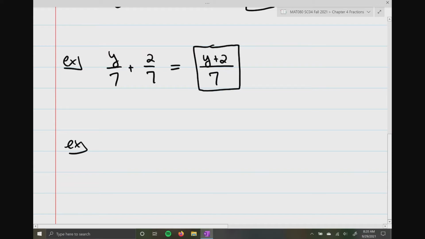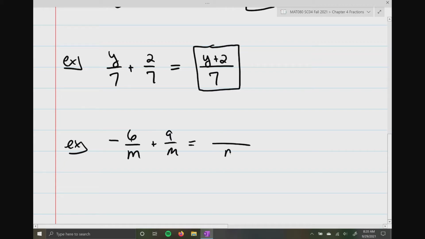And this one is going to look different, but it's really not. Okay? So we have negative 6 over m plus 9 over m. First things first, you always look at the denominator when you're adding or subtracting fractions.